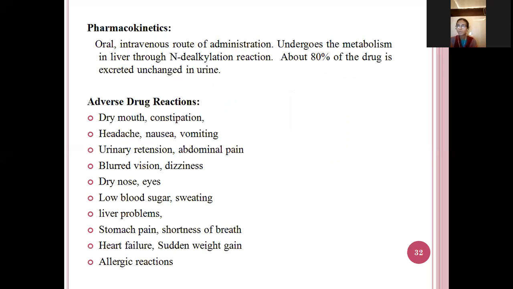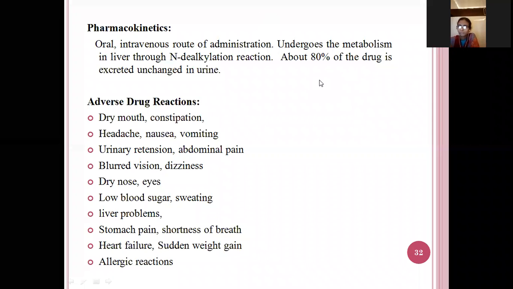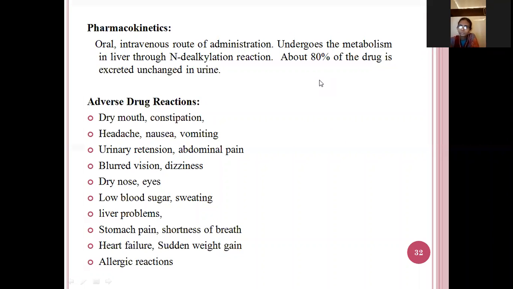Next, pharmacokinetics. The routes of administration are oral and intravenous, and it undergoes metabolism in the liver through a dealkylation reaction, and the drug is eliminated in the urine in unchanged form.